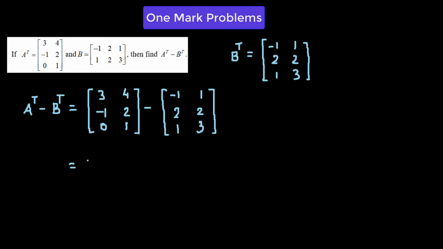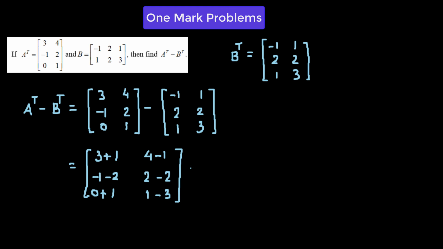So this should give us 3 minus negative 1, which is 3 plus 1. Then we have 4 minus 1, negative 1 minus 2, then 2 minus 2, 0 minus the negative 1, which makes it a positive 1, and 1 minus 3.